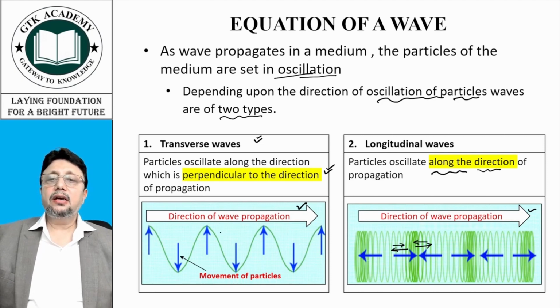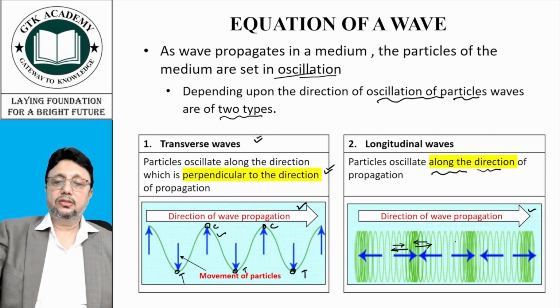So you can see transverse wave, the shape is crest and troughs. These are crest, the top points, and these are troughs, right? However, the longitudinal waves move in the form of compressions and rarefactions.